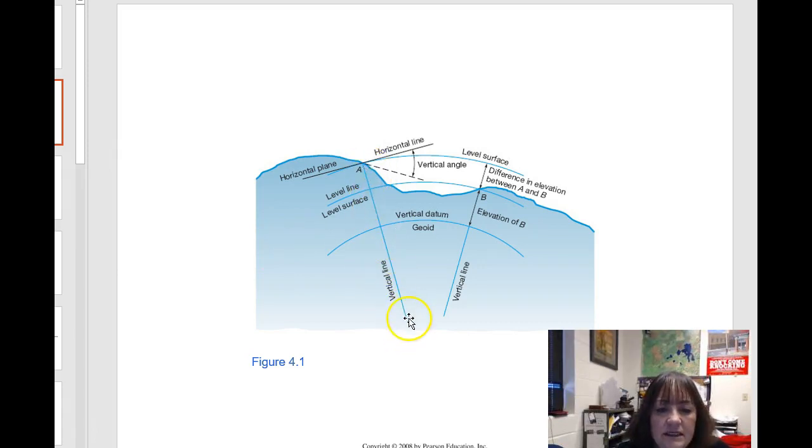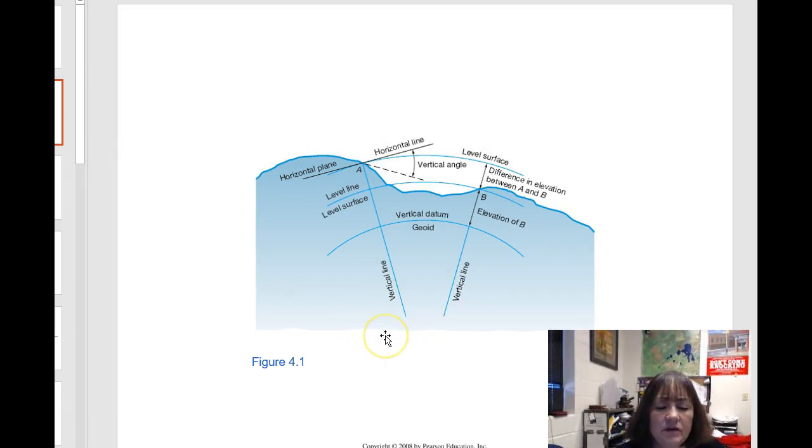A vertical line is what we actually establish when we level the level, when we put it on the tripod and adjust the thumb screws in order to put the leveling bubble in the correct position, not only in one axis but on the other axis as well, so that we establish a level plane.